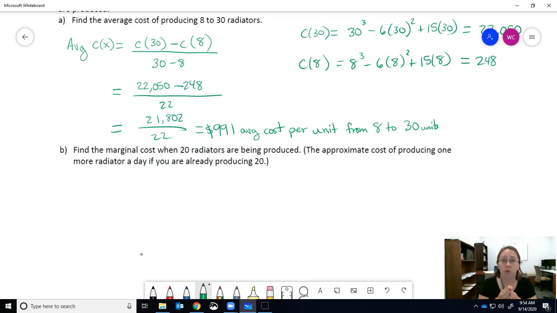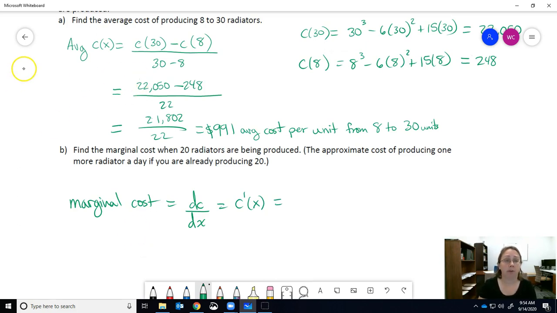So what is the cost to produce one more? Now we're not going to use the average cost to do this, we're just going to use the derivative. So the marginal cost is the rate of change of cost with respect to one more radiator produced, or the derivative of your cost function. So to do this, we're going to use our shortcuts.